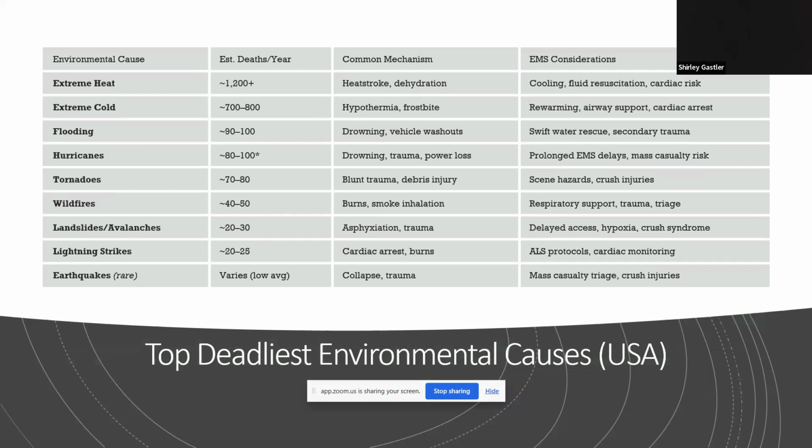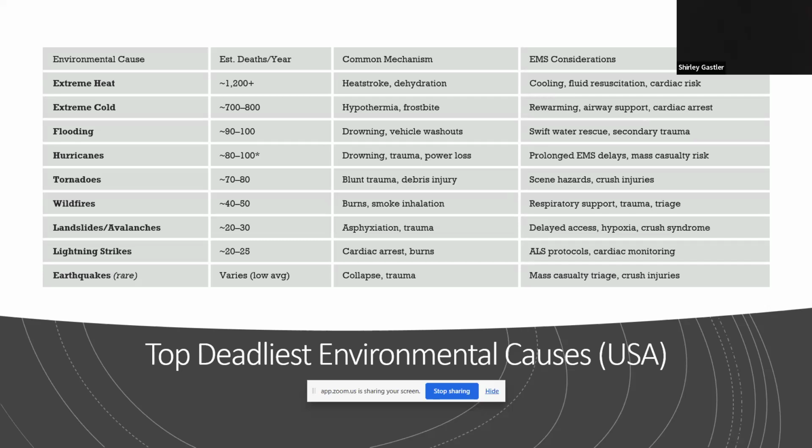Lightning strikes is something I'm going to talk about in an upcoming discussion in a couple of months, where we're going to talk about different risks for fire EMS, including mass casualty incidents. Lightning strikes is one of my favorite mass casualty incidents to talk about, not that I've ever seen one, truthfully, but it's the only mass casualty incident where you take care of the dead people first.